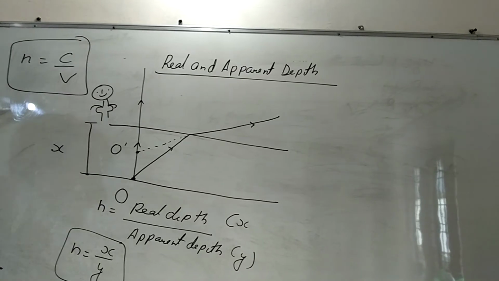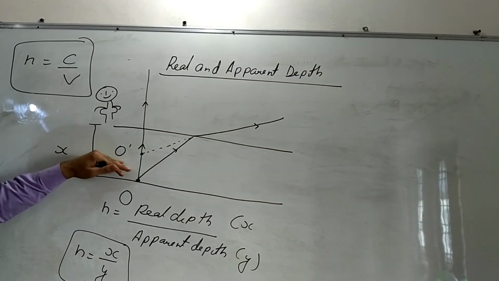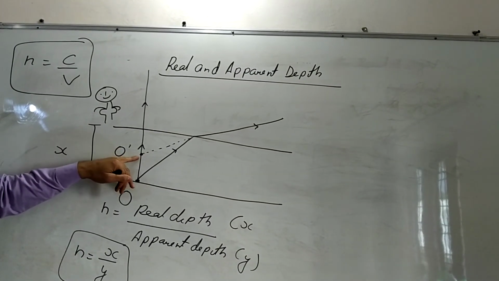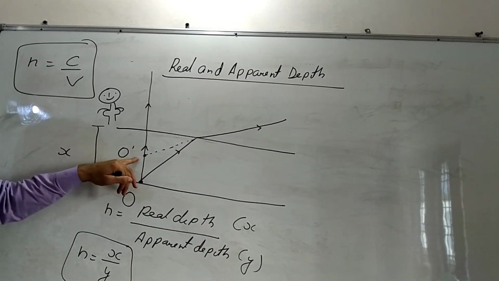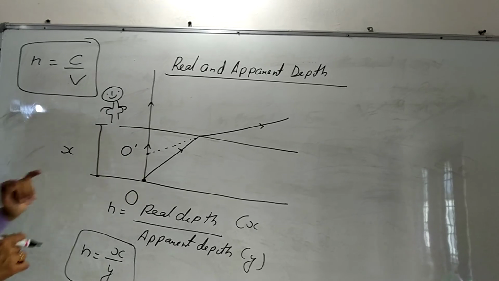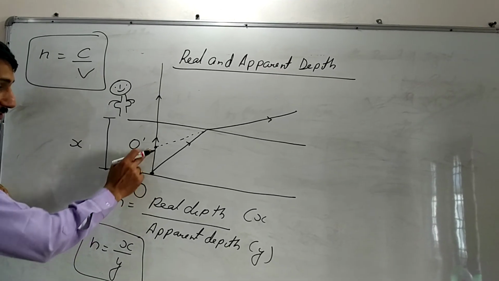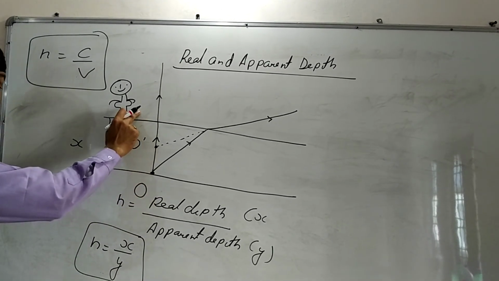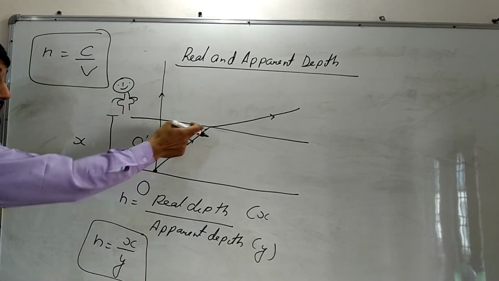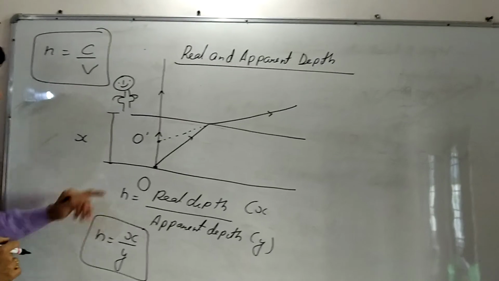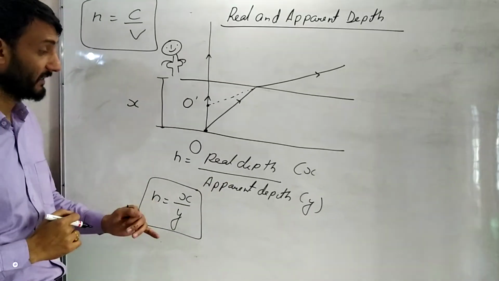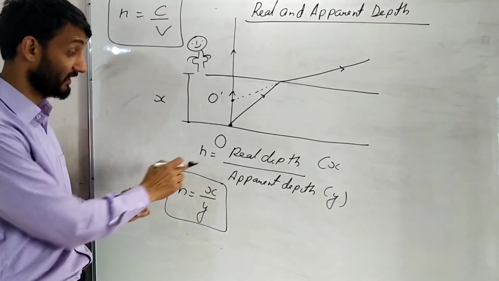It means you will be able to see the depth of the swimming pool only up to this point, not up to this point. That is why when you jump inside the swimming pool, it's actually this much deep, not this much. But when you're standing alongside the swimming pool, you will see only this much because of the refraction of light. Alright, so this was the case of apparent depth and real depth. Now we will do one numerical based on this case.